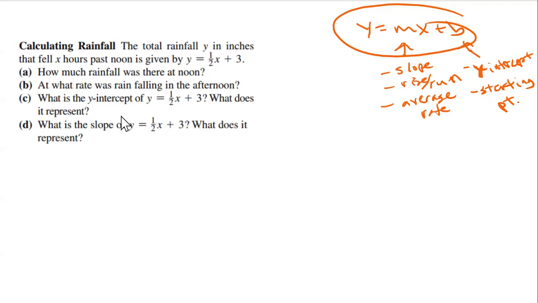So A then, how much rainfall was there at noon? By noon, how much rain was there already? 3, exactly. This is 3, 3 inches. What rate was the rain falling in the afternoon? What was the rate? 1/2, right? 1/2.